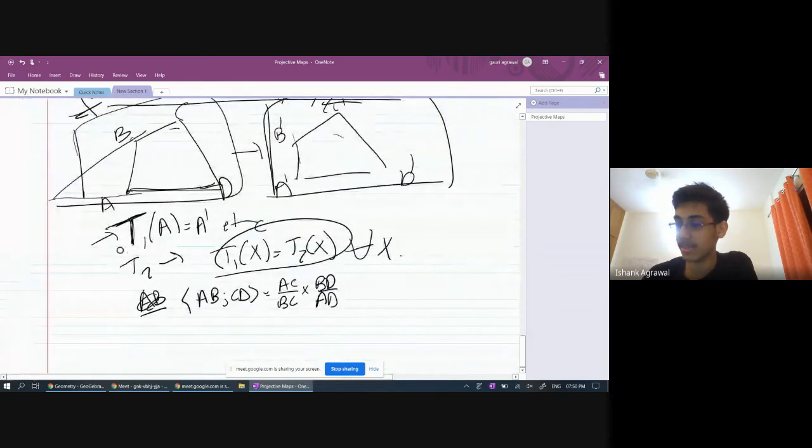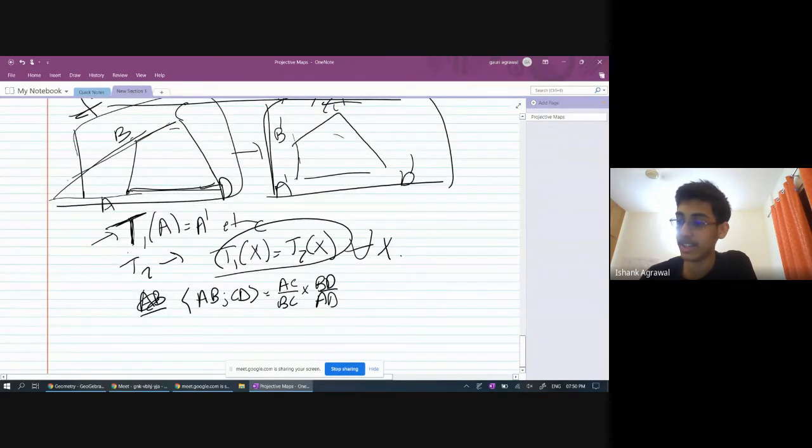So basically, I'll just explain it. If we take the intersection of AB and CD, this point, it must map to the image of this, because this line must map to this line. This line must map to this line by the incidence condition that lines map to lines. And so their intersection must map to each other, always.